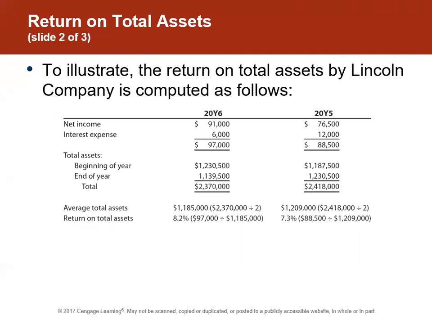Return on total assets in 2016 is 8.2%, up from 7.3% in the past year. As you can see, this is a percent. Again, the higher this number, the better. We're just getting a better return on our total assets.